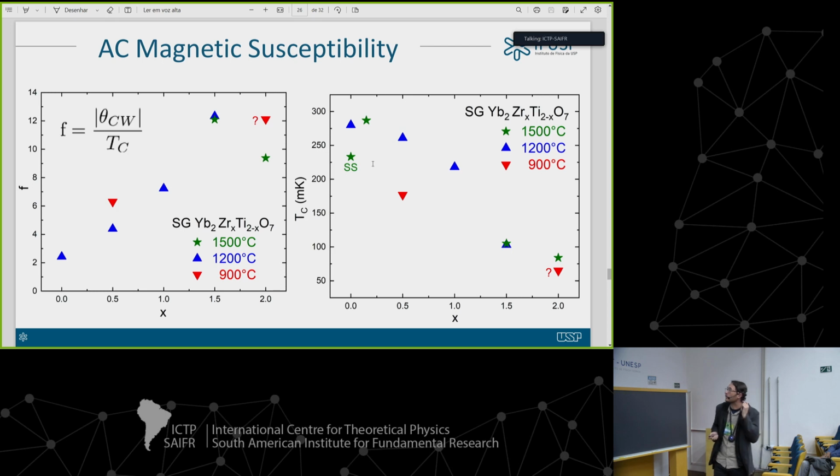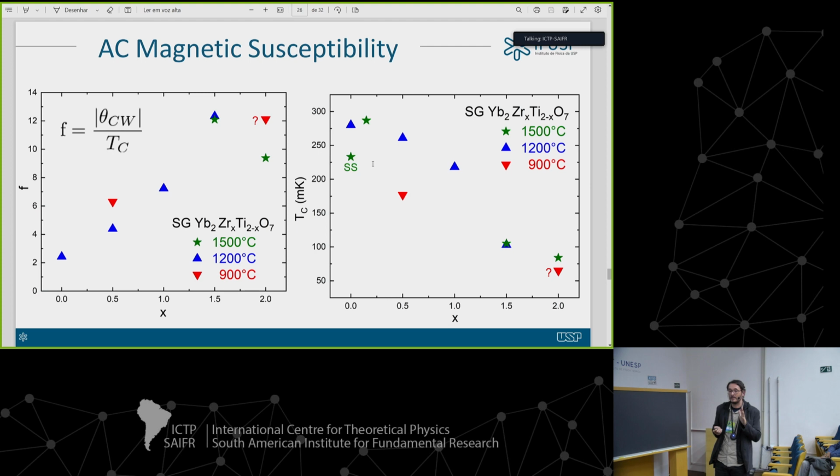Okay, so here I'm showing the frustration index, which I defined at the very beginning, for all the samples. We can see that you increase the frustration in this material as you replace titanium by zirconium. I failed to mention what these temperatures are: they are just temperatures of thermal treatment of the samples to improve their quality.